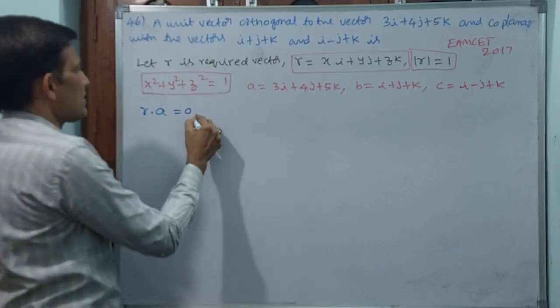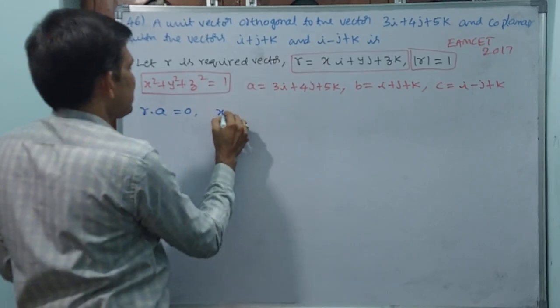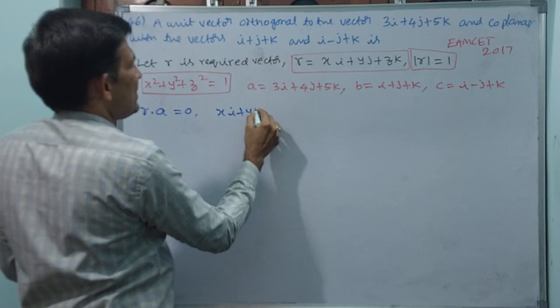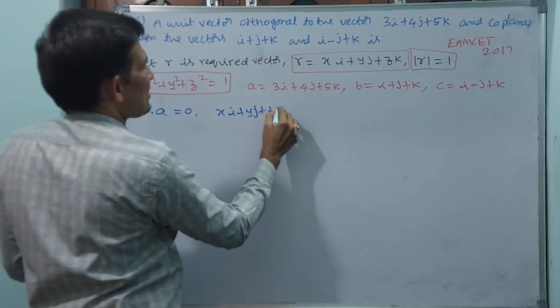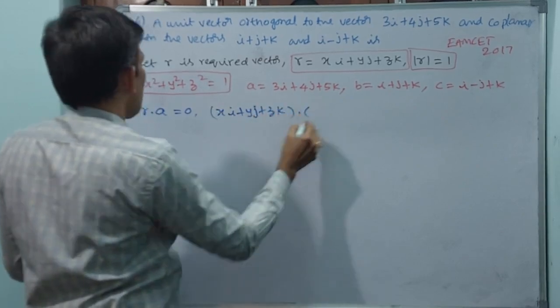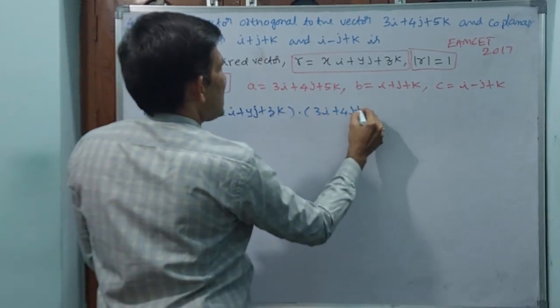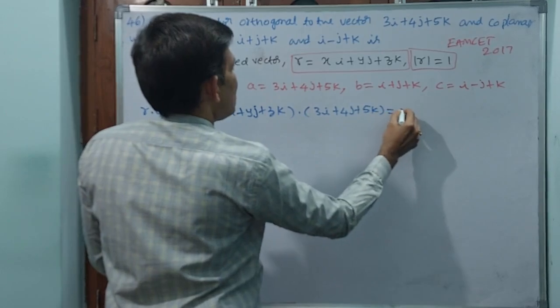Then you make R dot A. R is xi plus yj plus zk, dot A, which is 3i plus 4j plus 5k, is equal to 0.